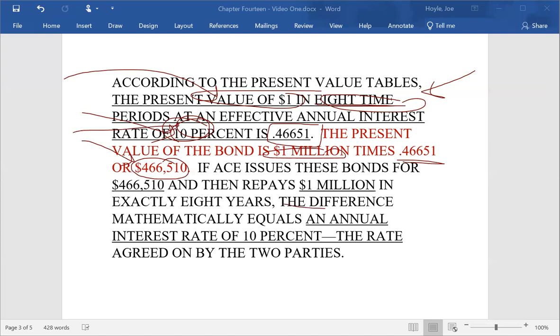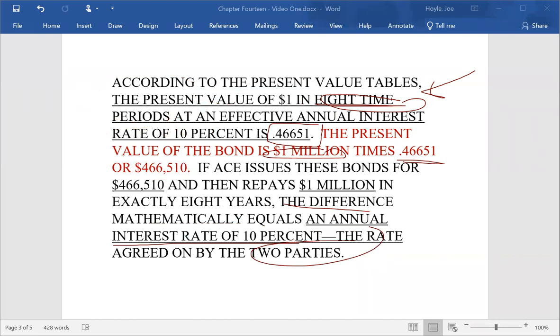The difference between those is that annual interest rate of 10%, which was the rate agreed upon by the 2 parties. That's how the bond market works every single business day of the year.